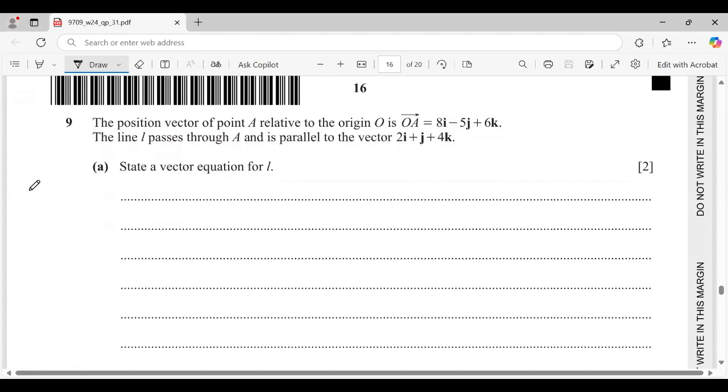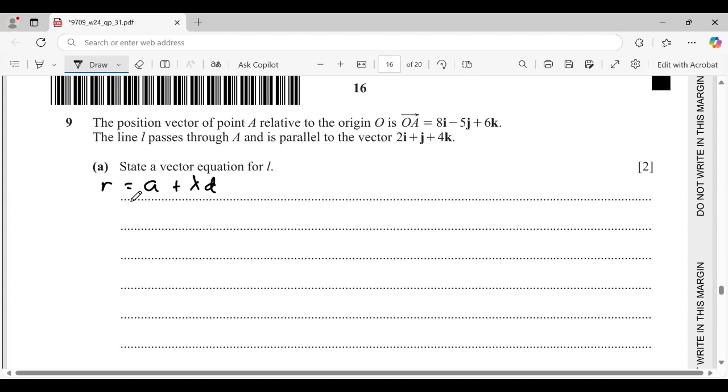I will use the standard form, r equals a plus lambda d. r is the position vector of a general point on the line, and a is the position vector of a point the line passes through, coordinate point A, and d is the direction vector, while lambda is a scalar parameter.